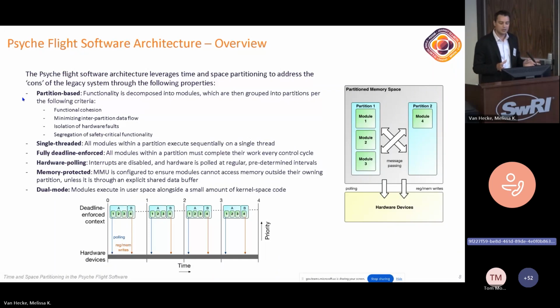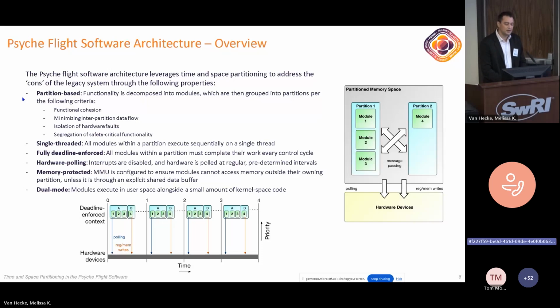Functionality is still decomposed into modules, but those modules are grouped into partitions in an informed way. We do that based on functional cohesion, right? So modules that are inside of a partition should generally have the same function or own the same functional domain. We should minimize the data flow between partitions. So we want any kind of tightly coupled data flow to be within partition boundaries.